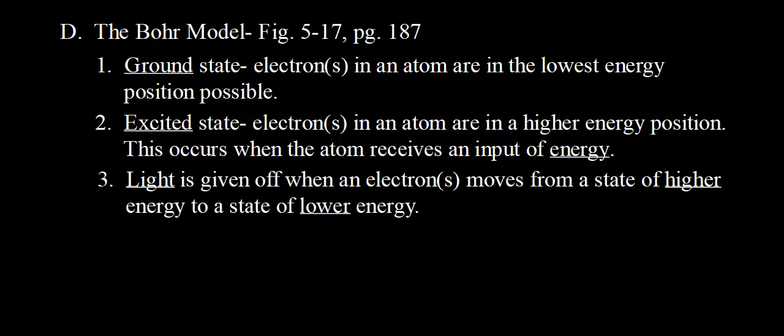When electrons go from higher energy level to lower energy level, energy is given off in the form of light. And again, as we saw with the line emission spectrum for hydrogen, only light of certain wavelengths is given off. Certain wavelengths, certain amount of energy, which tells us then that the electrons are quantized. They possess only a certain amount of energy.